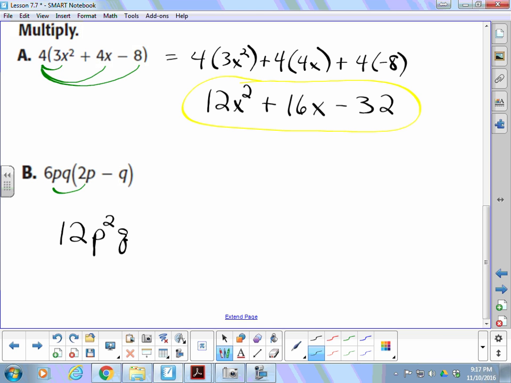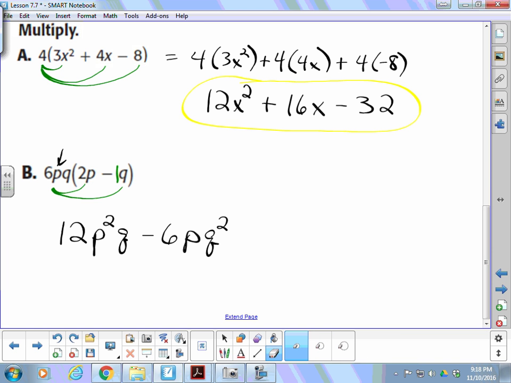Now we're going to multiply that by the next term. So we multiply 6pq times negative q. This is like there's a 1 here. So we have 6 times negative 1 gives us negative 6 for our constant. There's only the p here, so we have p there. And I'm multiplying q times q, which will give me q squared.